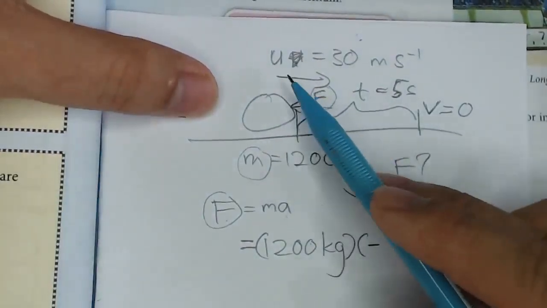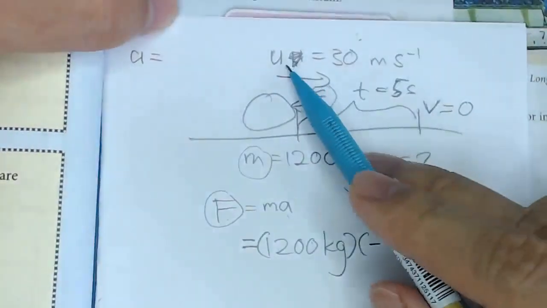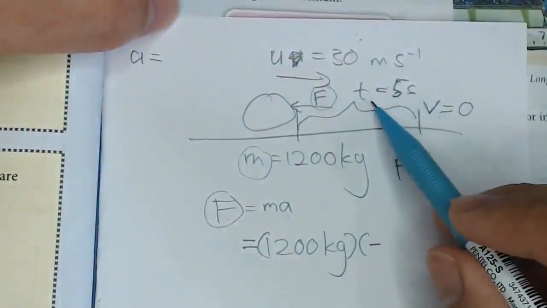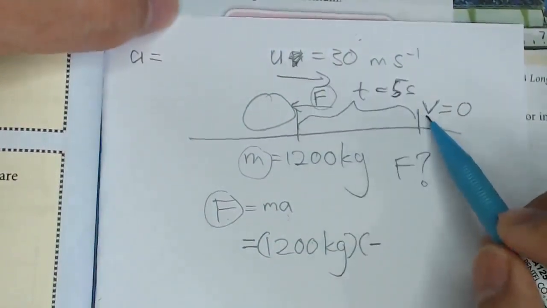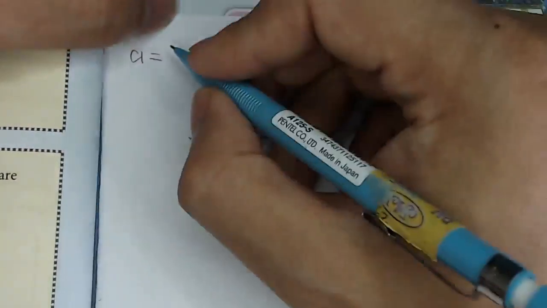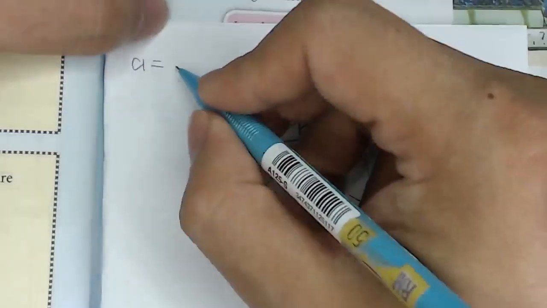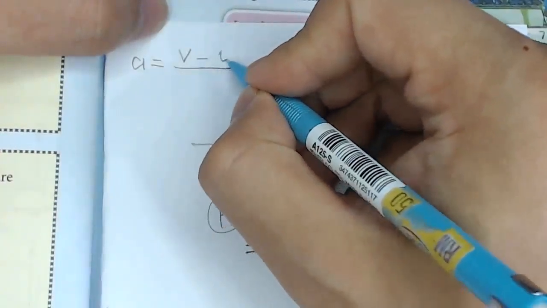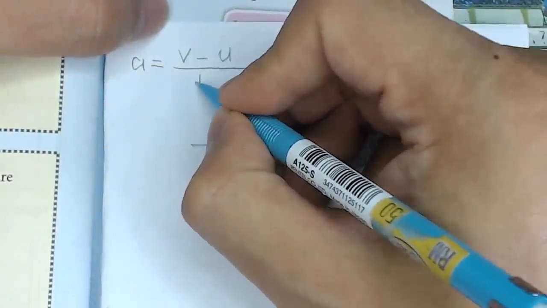Now you have learned how to find the acceleration out of these two pieces of information, U and V, and the time taken from U to become V. The idea to find the value of A is final velocity minus initial velocity, divided by time taken.